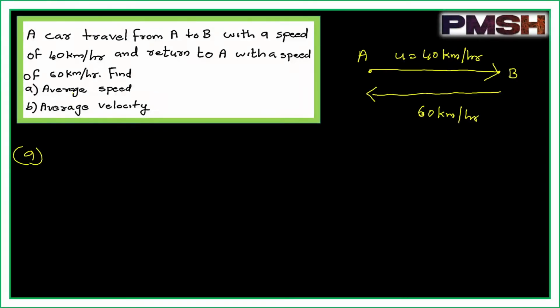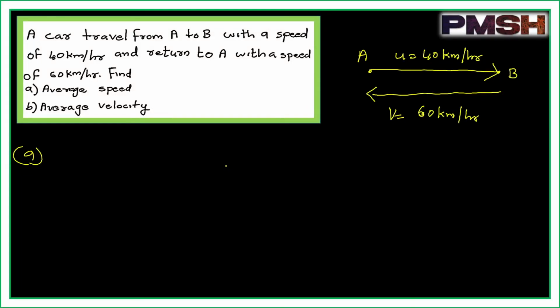So first of all, what will be the average speed? Can we consider this as the second case we have discussed? Listen very carefully. It has traveled from A to B, so the distance is AB. And it has returned to A, meaning again the distance covered is AB.